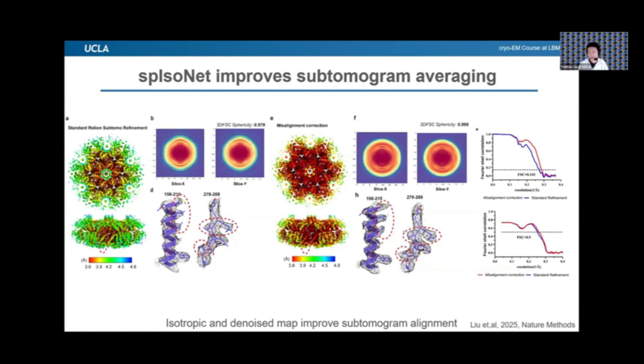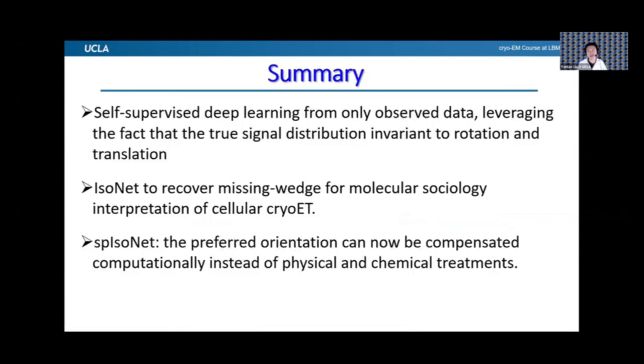This was just published a few months ago, and this is the summary. We have self-supervised learning, so everything is learned only from the observed data, only from the tomogram or your structure, using the fact that the true signal distribution is invariant to rotation and translation.